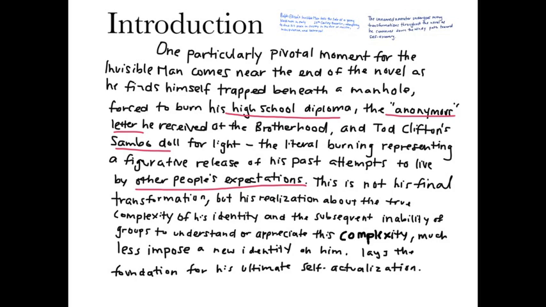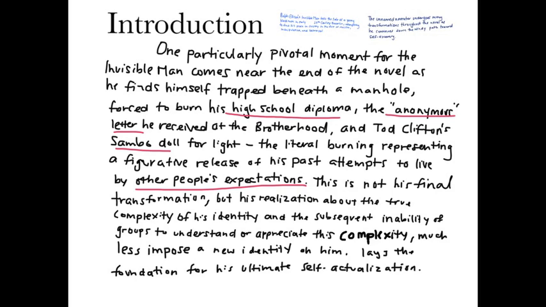Keep in mind also that this essay by no means requires the introduction, three-body paragraph, conclusion model. Oftentimes, the open question is also more open in structure, and you're going to find yourself writing more than three body paragraphs.